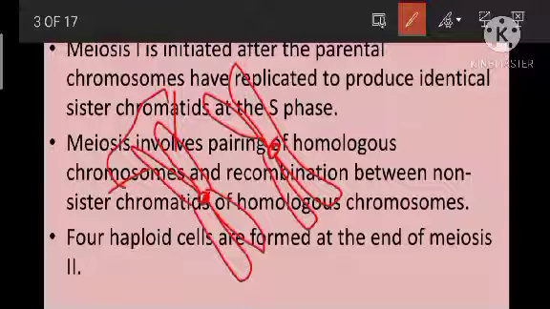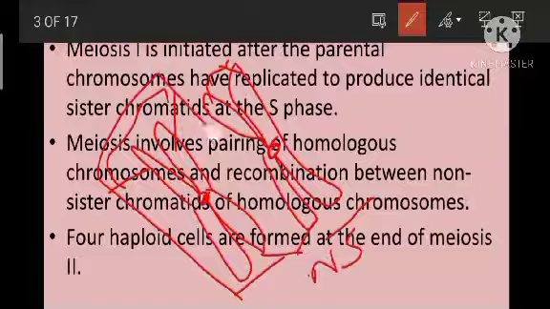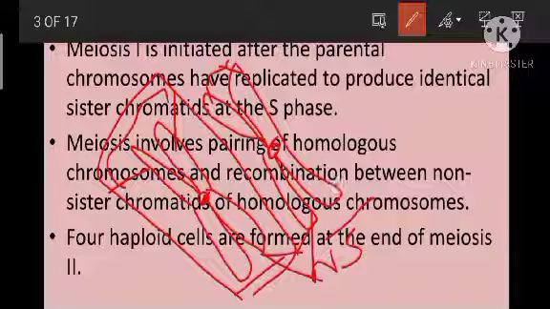And this is one chromatid, this is another chromatid. These two are the sister chromatids. Now this chromatid and this chromatid, we can say are non-sister chromatids. This we have received from the father, this we have received from the mother. So if the chromatids of the same chromosome are considered, they are sister chromatids, and the chromatids of this chromosome and that chromosome are non-sister chromatids, but they belong to the first pair only.